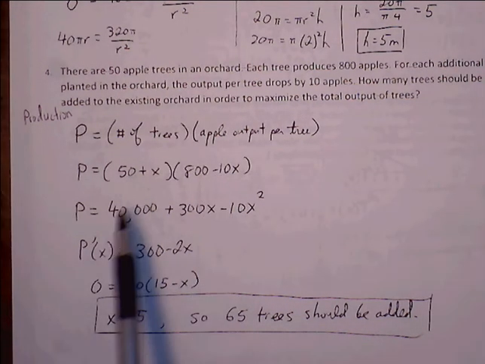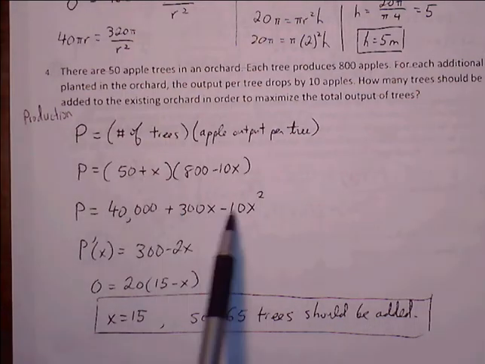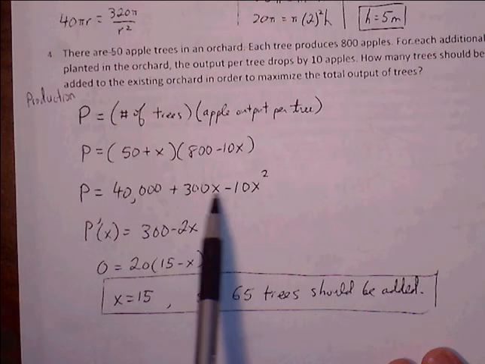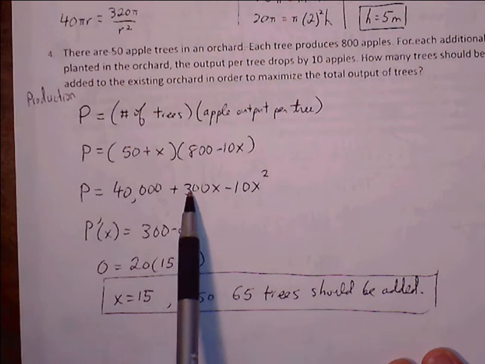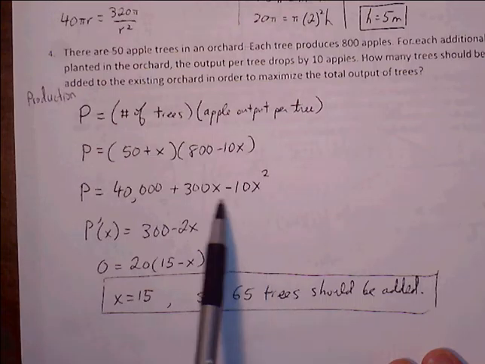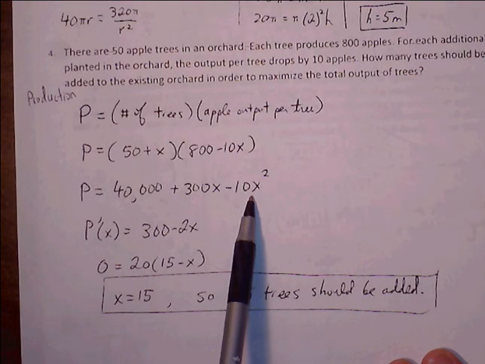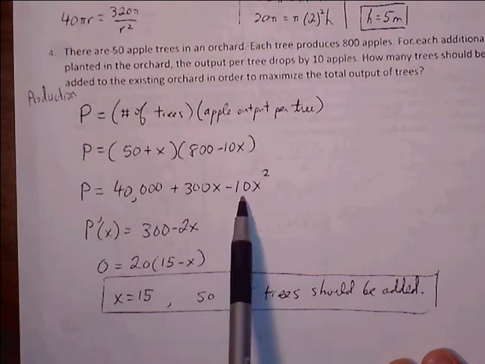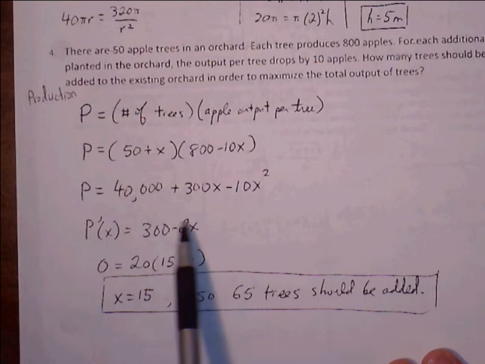All right, once we have our equation, we can distribute, expand, and combine like terms. There's nothing to combine here, so once we expand it, we can go through the power rule, because we're trying to find the derivative. So 40,000 goes to 0, 300x goes to 300, negative 10x squared becomes negative 20x.